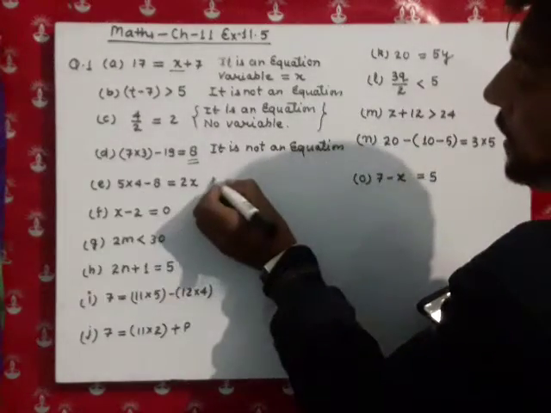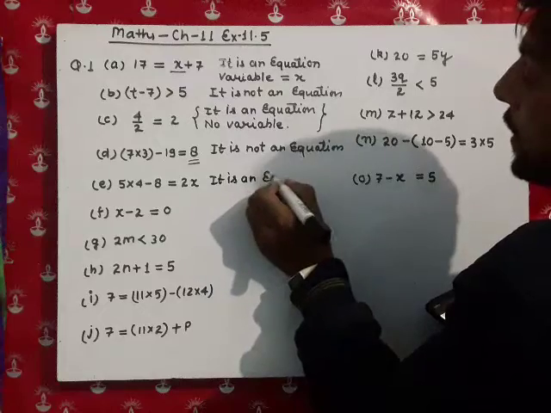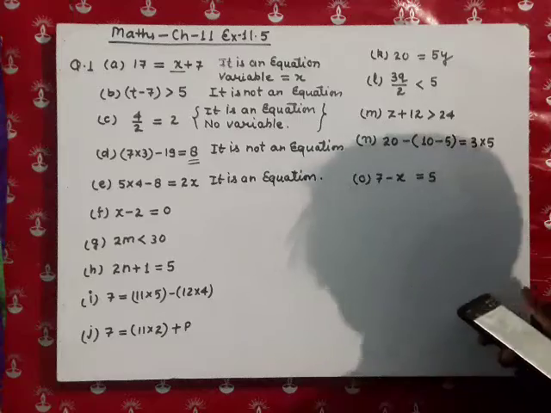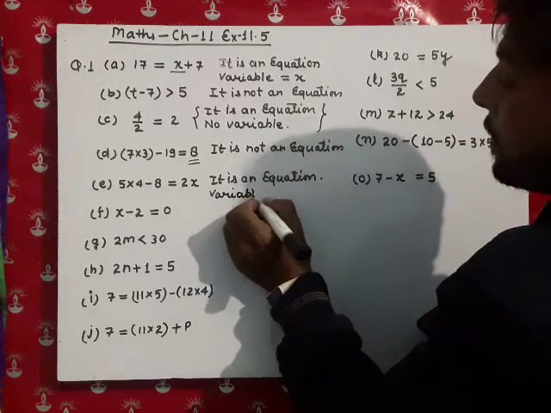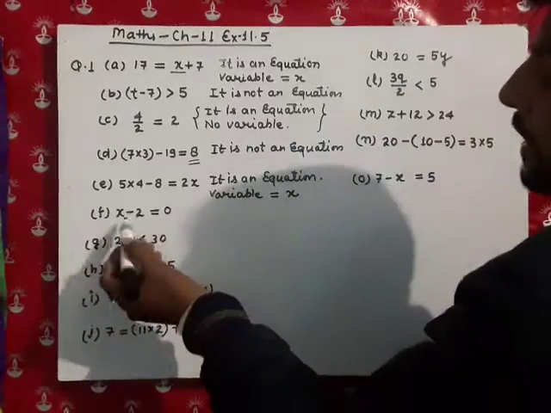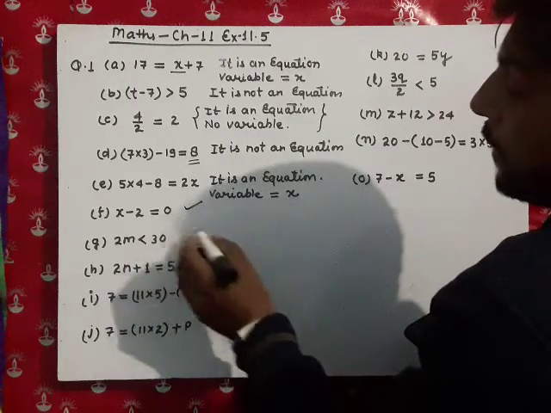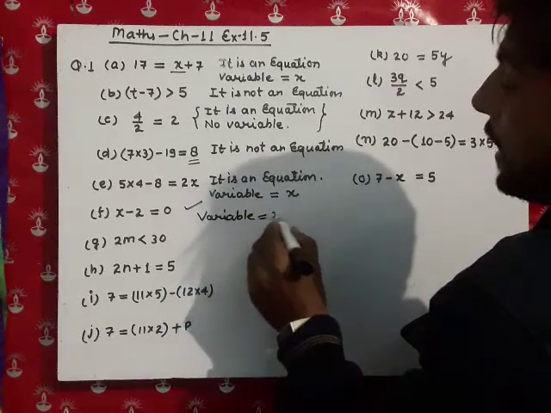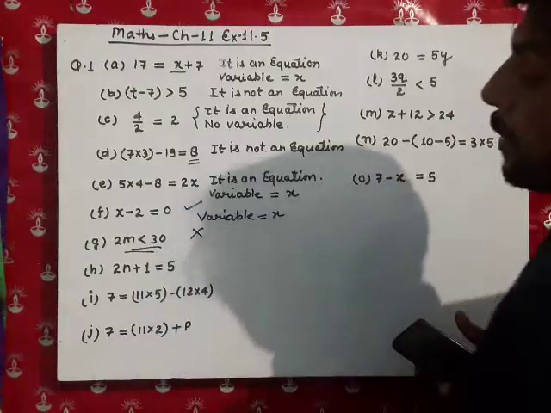It is also an equation, and here the variable is x. Similarly, this is also an equation, and the variable is x. And here the equal sign is not there, so this is not an equation.